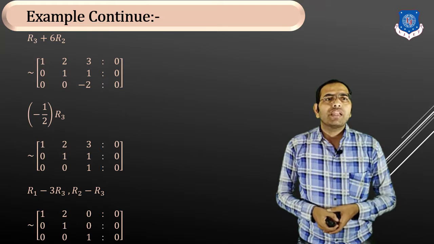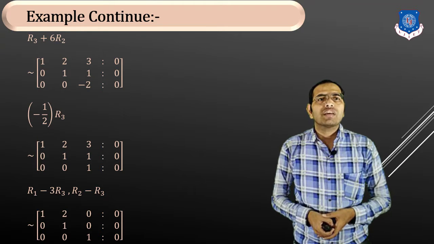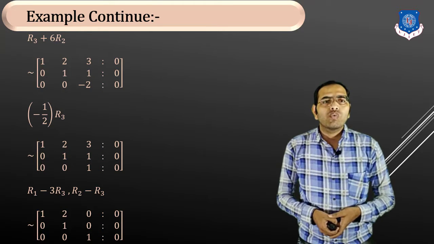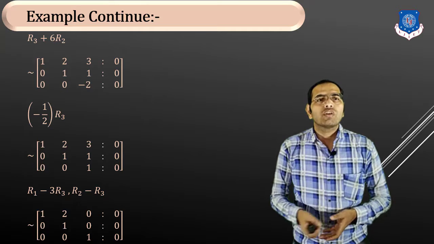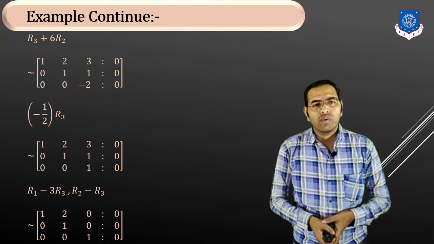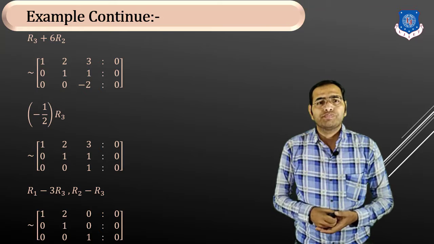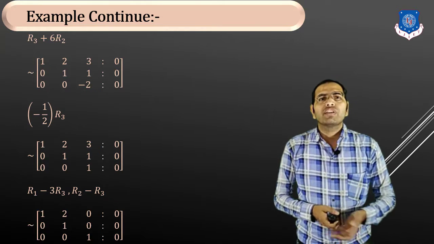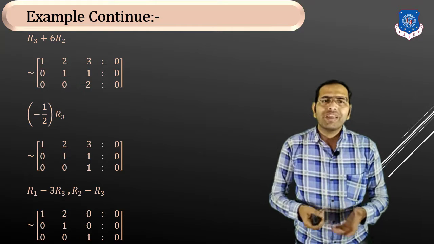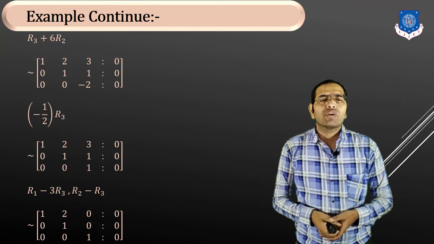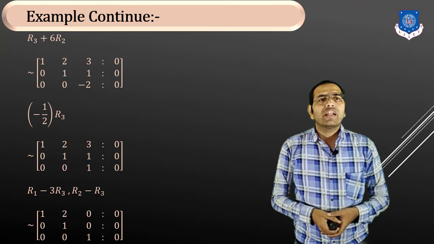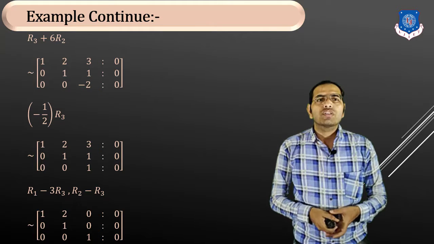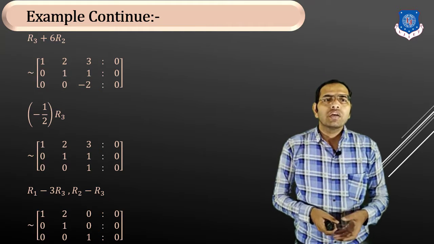For that, apply the row operation R3 plus 6R2, which gives you 1, 2, 3, 0; 0, 1, 1, 0; 0, 0, minus 2, 0. Now in the third row, make the leading element 1. For that, divide the third row by minus 2, that means minus 1 half R3. That gives you 1, 2, 3, 0; 0, 1, 1, 0; 0, 0, 1, 0.